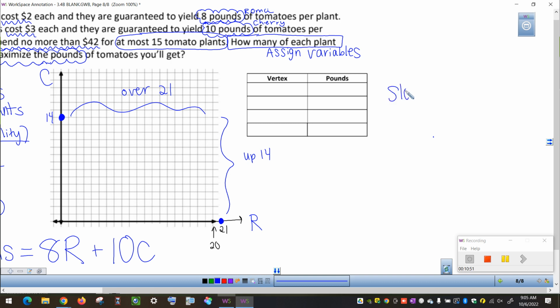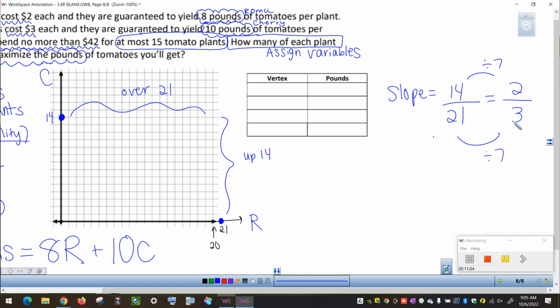Off to the side here, I'm going to say that our slope is 14 over 21. Well, if we divide the top and bottom by 7, that's going to scale this fraction down to be a lot smaller. It is the same thing as a slope of 2/3. It's actually negative 2/3 because it's a decreasing line.